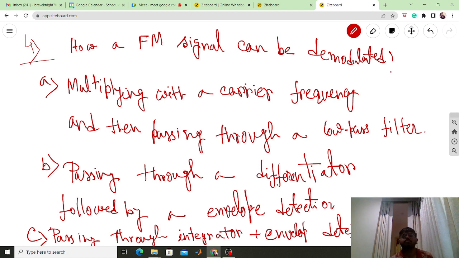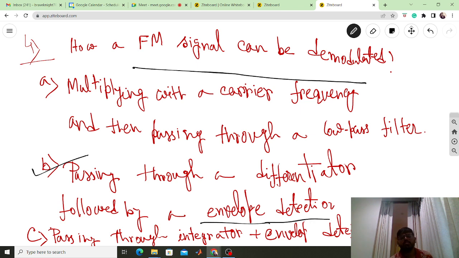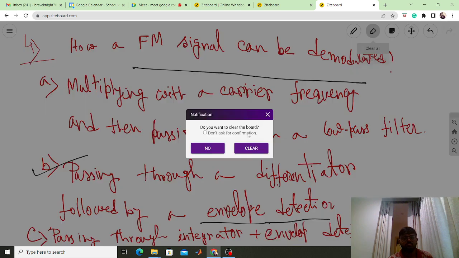Again, this can be easily addressed from the lectures: an FM signal can be demodulated by passing it through a differentiator circuit followed by envelope detection. These are the easy questions. So let us go to the next question.